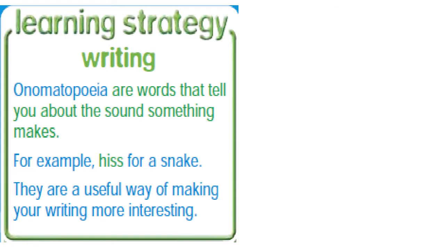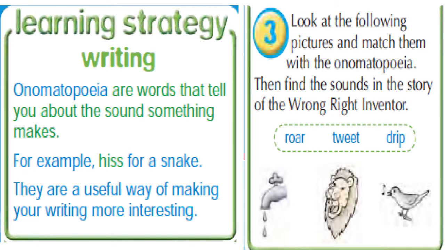So if we look at class book page 27, activity number 3, we have 3 onomatopoeia here. We have 3 words: roar, tweet, drip, and we have 3 pictures. Now we need to match the word with its picture.